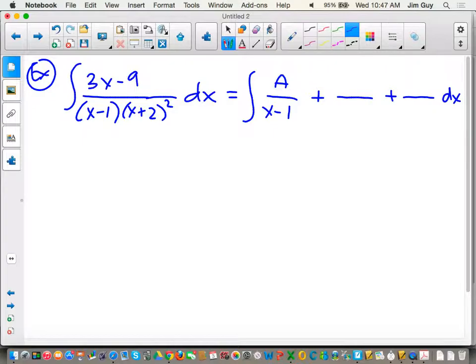And then for the other one, since it's squared, you need an x plus 2 term, and then you need an x plus 2 squared term. So not another x plus 2 term, you need an x plus 2 squared term. And if it was cubed, you would need another x plus 2 cubed term.